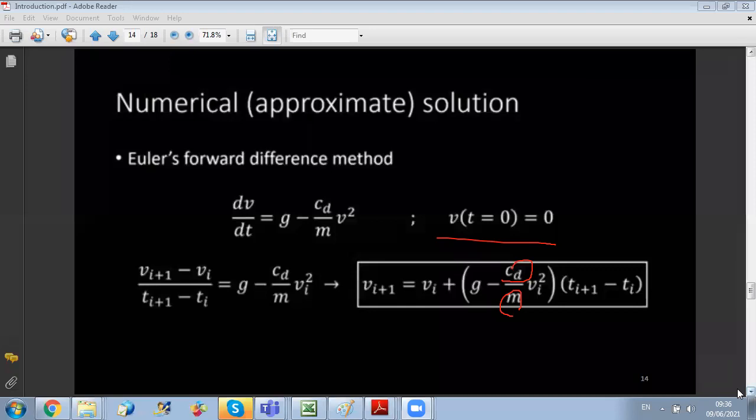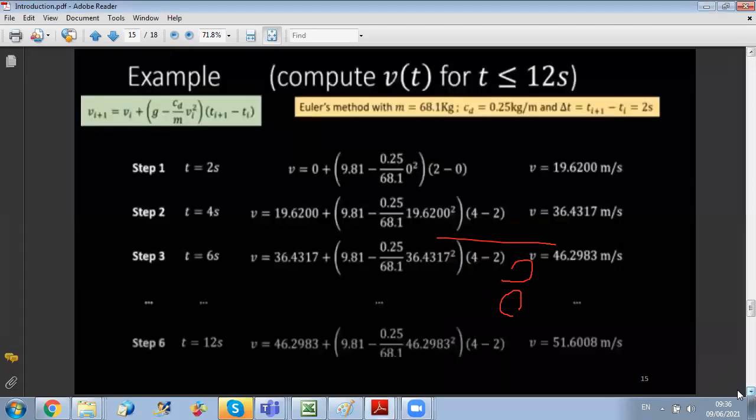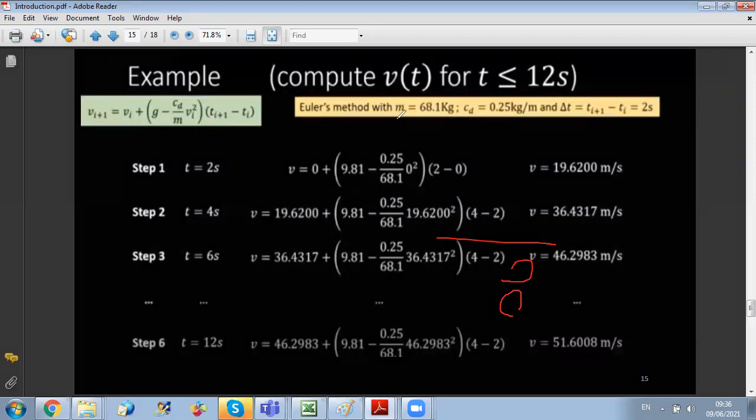We will use the forward difference method in this case. They fixed delta t to 2 seconds, and we want to solve between 0 and 12 seconds. First, we know that at t equals 0, v equals 0.